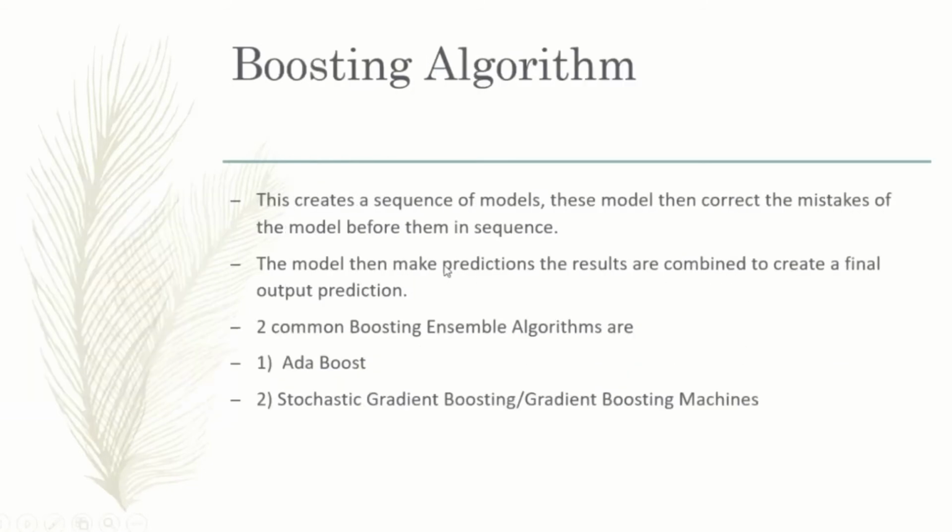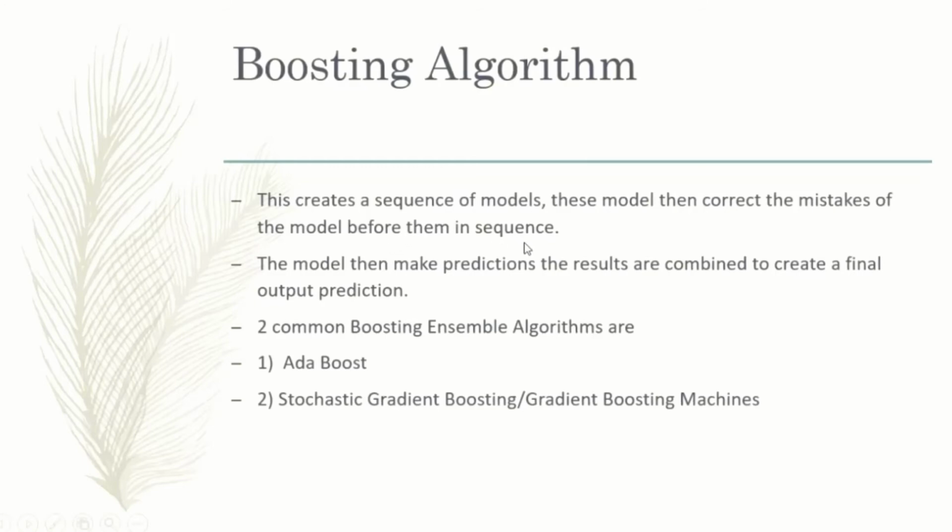Now boosting algorithms. Boosting works in a sequential manner. It creates a sequence of models, and the subsequent models correct the mistakes of the previous one. The models then make predictions and results are combined again to create the final output predictions.